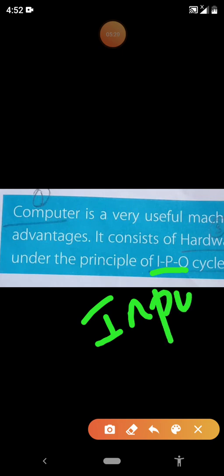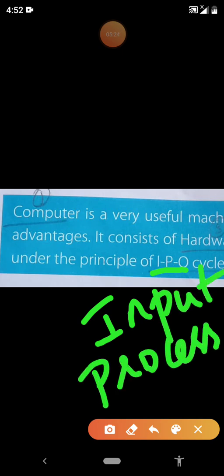It works under the principle of IPO cycle. IPO means input, process, output. Computer works under this principle. If you give one input, it processes and gives us output.